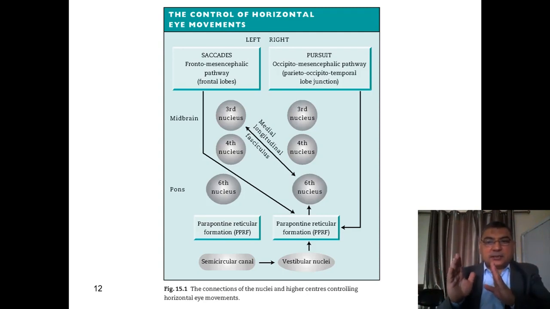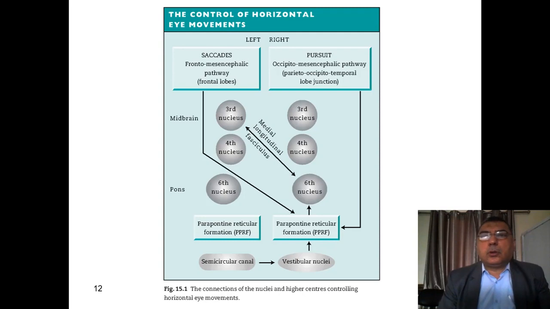This gaze center, the right gaze center, is present in the right side of the brain stem, and it gives impulses directly to the right lateral rectus, and to the left medial rectus through the medial longitudinal fasciculus. This gaze center is responsible for the right gaze. So if there is any defect or affection of this gaze center, the patient cannot produce right gaze. Also, there is a left gaze center in the left side of the brain stem.